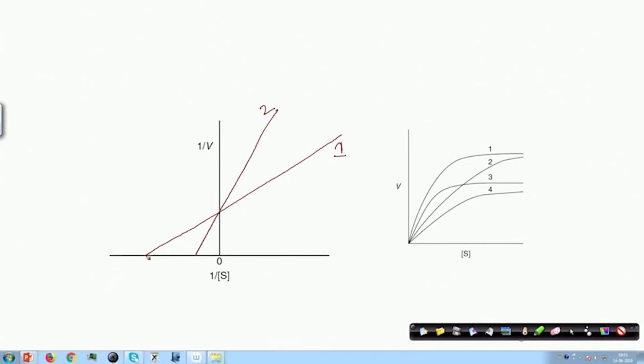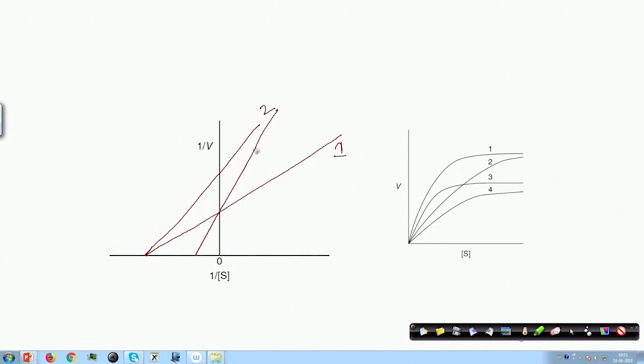So, the graph will be something like this. Remember, this is reciprocal. So, that means if V decreases, then 1 by V increases. So, it has to be like this, it cannot be lower than the straight line 1, because these are reciprocals.